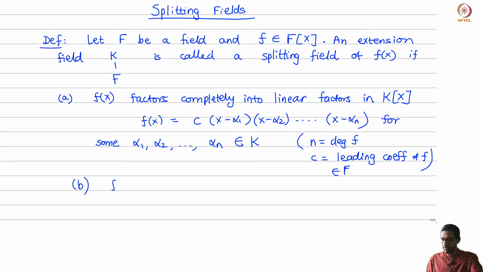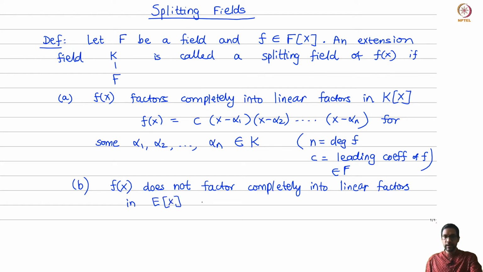Let's write that out precisely. f of x does not factor completely into linear factors in, let's say, E of x, where E is any subfield which contains F, but it's a proper subfield.